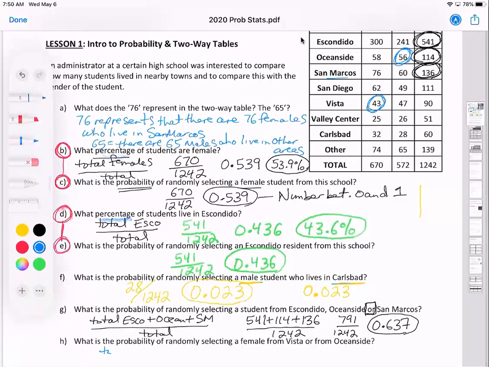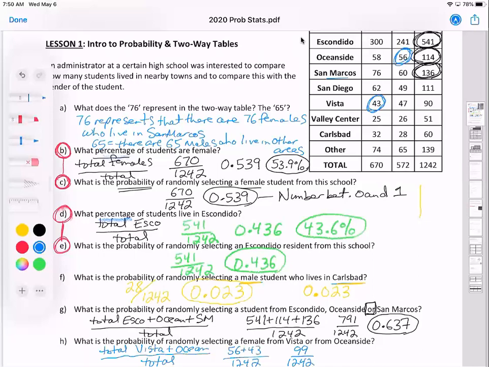So we're going to have the total Vista plus Oceanside, and we're going to divide by the total number of students. That'll be the percentage, basically, which corresponds to the probability. So we have 56 plus 43 divided by the total number in the table. So that would be 99 out of 1242.